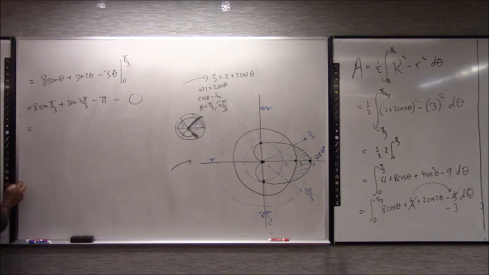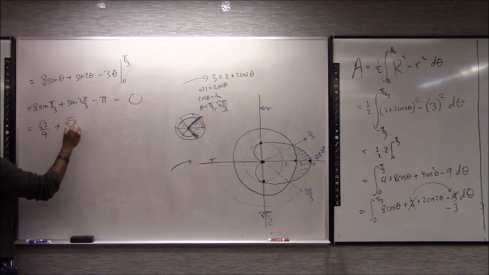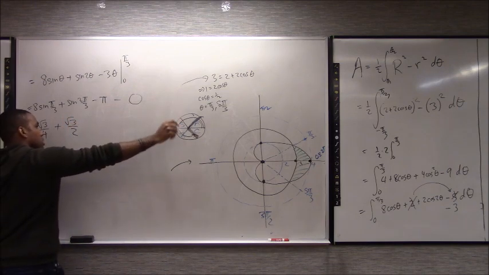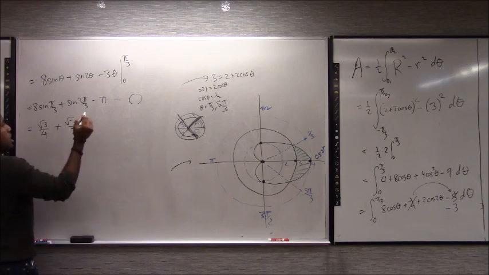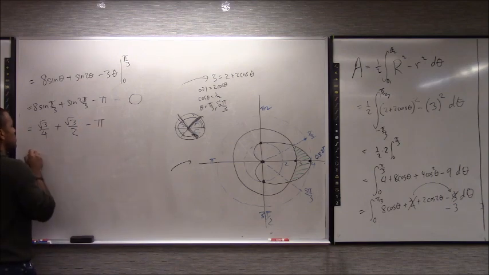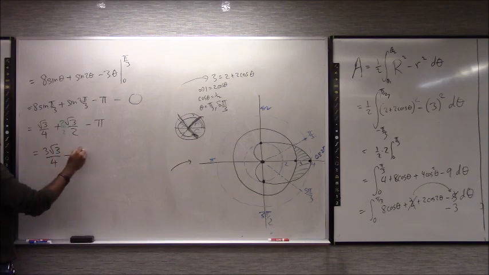Sine of pi over 3? It's root 3 over 2. Right, so that's root 3 over 4. Sine of 2 pi over 3. Still root 3 over 2, because all students, right? That would be 2 pi over 3 and minus pi. So I can think of this as 2 over 2. So that's 2 root 3 over 4 plus root 3 over 4, so that's 3 root 3 over 4 minus pi.